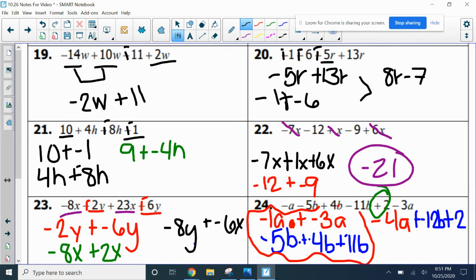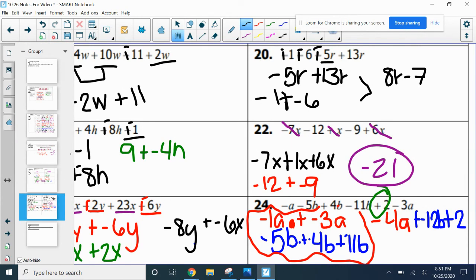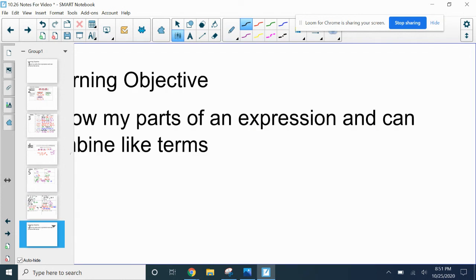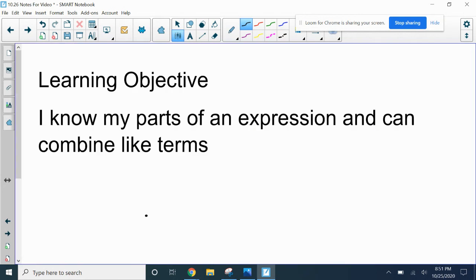All right. So that is the end of today's lesson. So we know that in our parts of an expression, a variable is a letter that takes the place of a number when we do not know what that number is. That's our variable. Our variable term is the whole term with the variable and the coefficient attached.